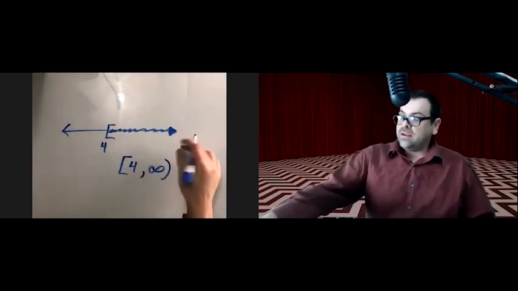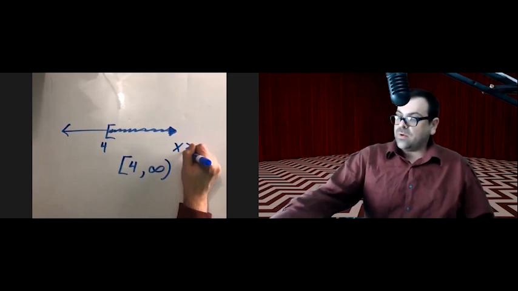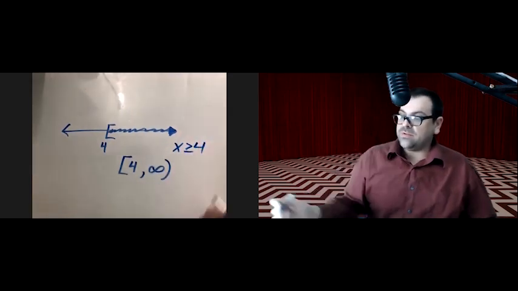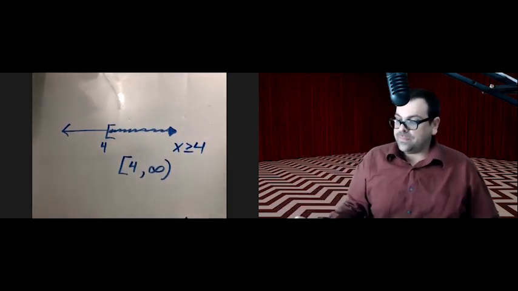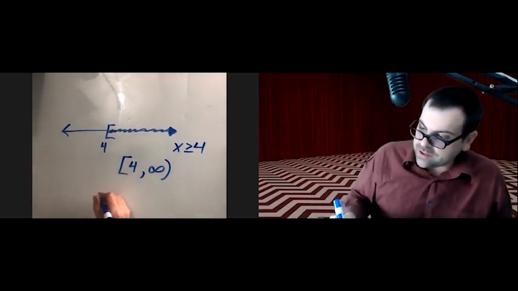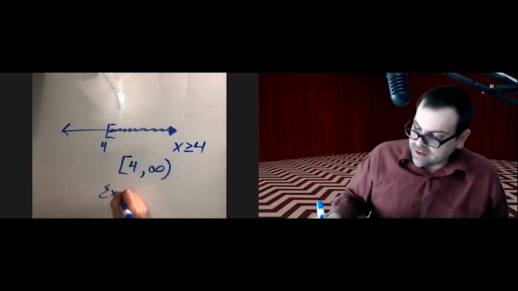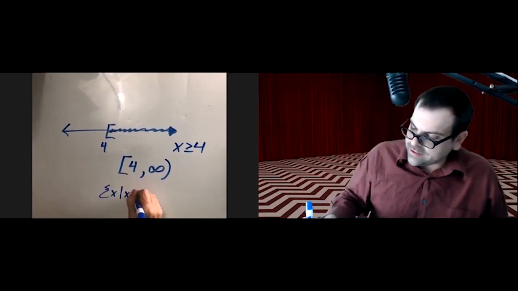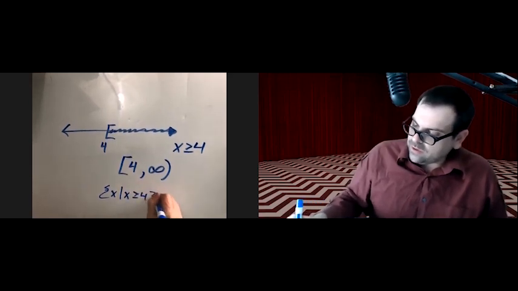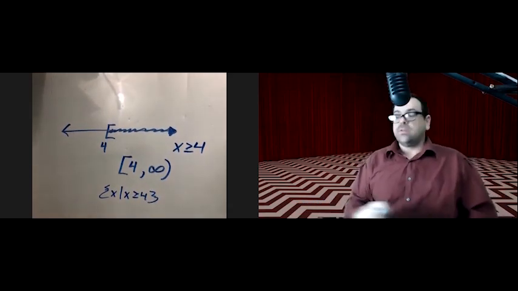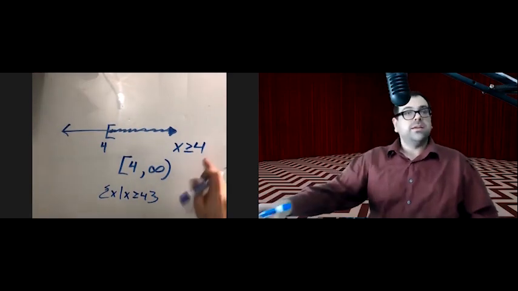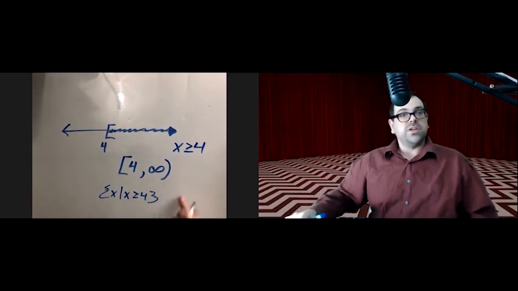And this would be x greater than or equal to 4. Or in set builder notation, the set of all x such that x is greater than or equal to 4. Inequality, set builder notation down here.